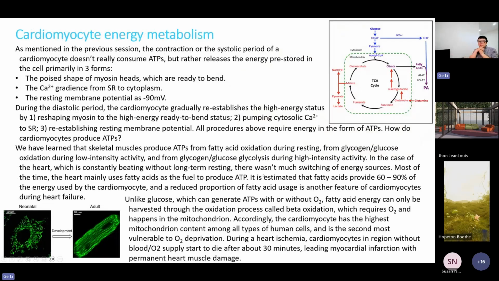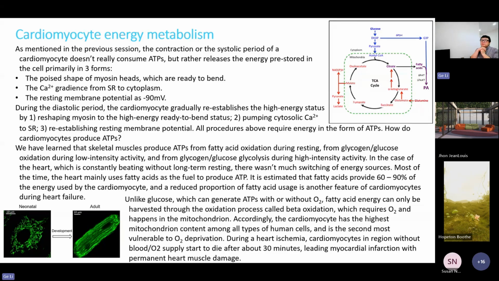Another thing is that the cardiomyocyte has a much more efficient use of energy than any other cells in our body. It constantly uses fatty acids.